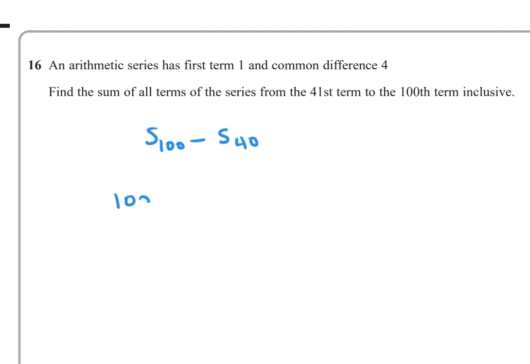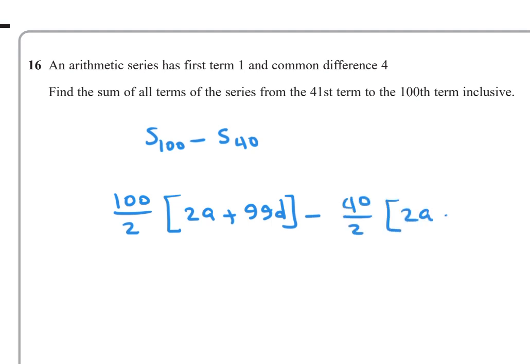S100 equals 100 over 2 into 2a plus (n minus 1)d, which is 99d, minus S40, 40 over 2 into 2a plus (n minus 1)d, so 39d. We have the first term 1, so a equals 1, and the common difference 4, so d equals 4.